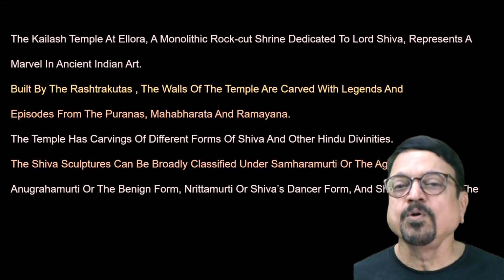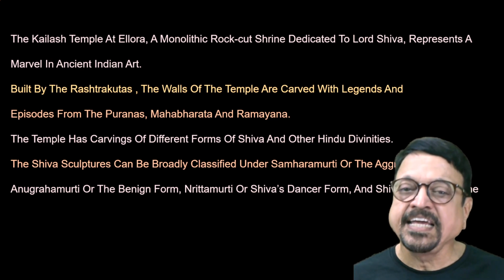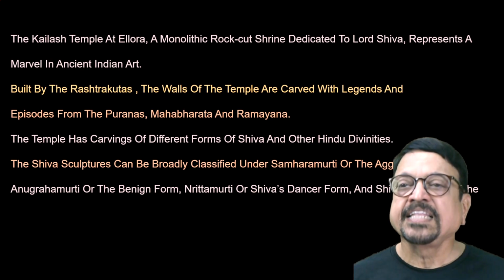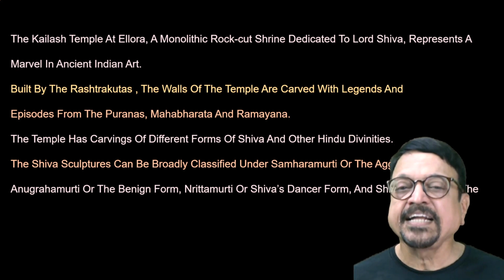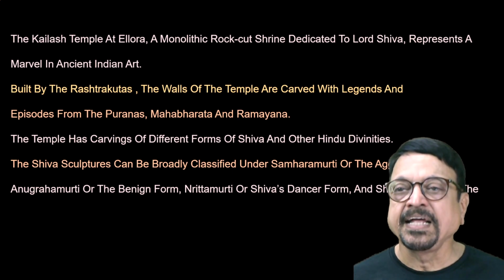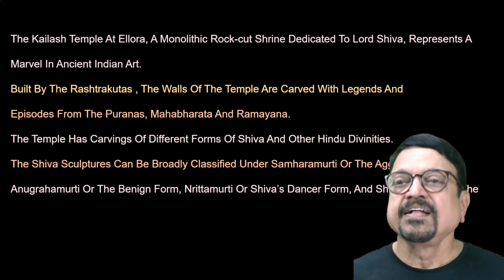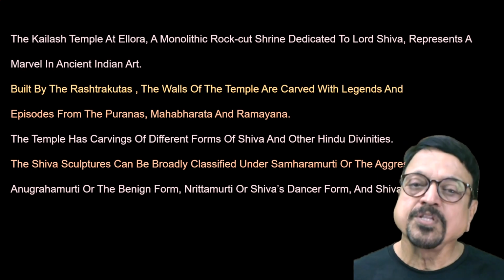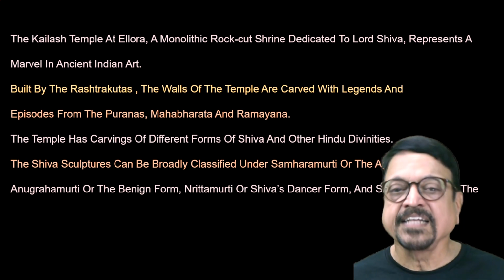Then Anugraha Murti. The Anugraha form of Shiva is another thing where he gives you something. So the facial expression and the body language have to be such that you are receiving Anugraha from him. That is a very important thing, and it is a benign form. Then Nritya Murti, Nritya is dancing. That is, dancing Shiva is Nataraja.